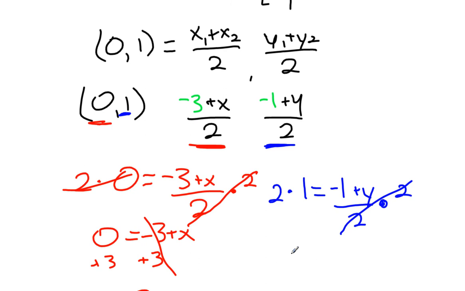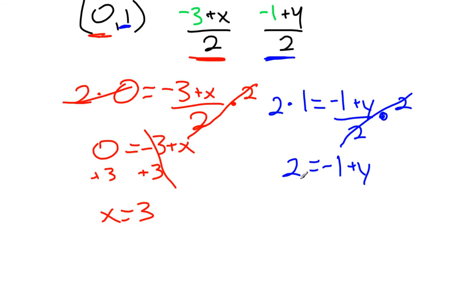This cancels. 1 times 2 doesn't cancel, that's just 2, though. That's -1 plus y. Okay, last step, get y by itself, +1, +1. Should probably be putting these lines in here just to show I'm doing math like a good boy. So 2 plus 1 is 3, so y also equals 3.